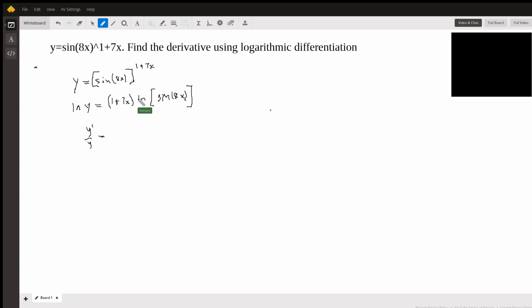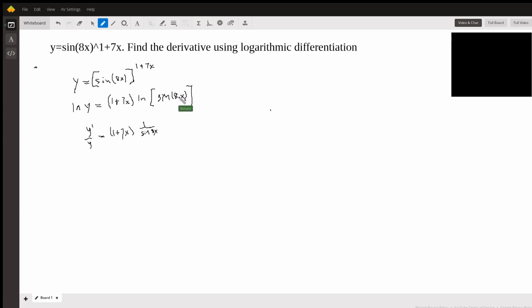And then we're going to take the derivative of the right-hand side, and we're going to use the product rule. So I'll take the first times the derivative of the second. So this is going to be the first, which is 1 plus 7x, times the derivative of this log, which is going to be 1 over the sine of 8x.